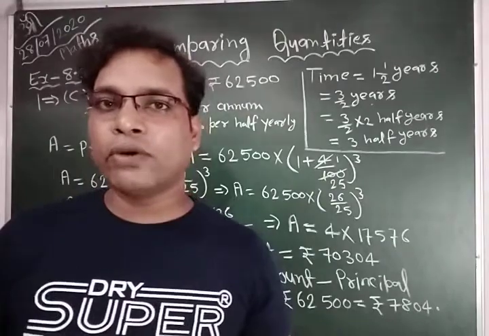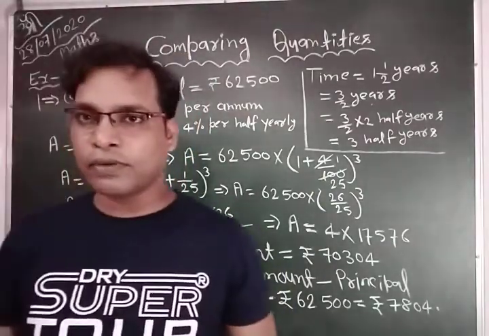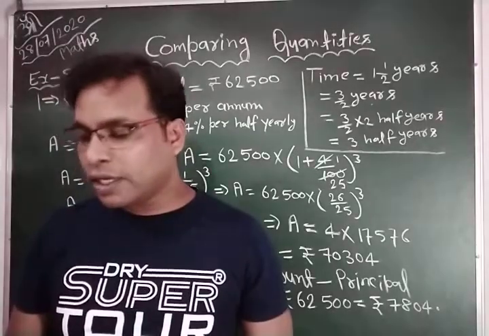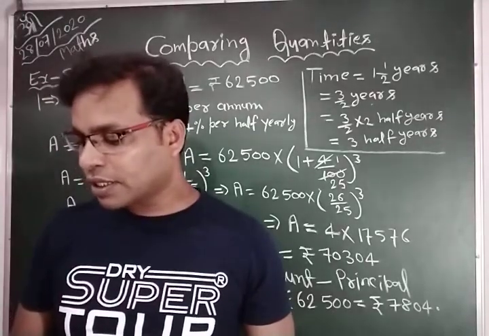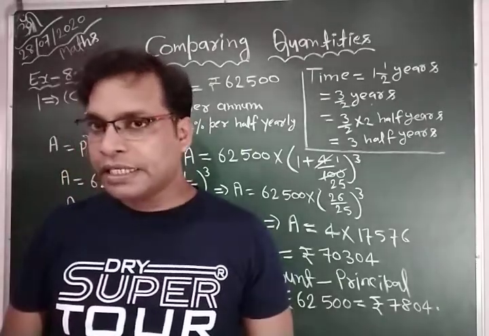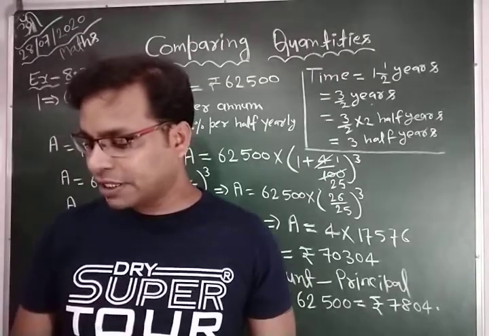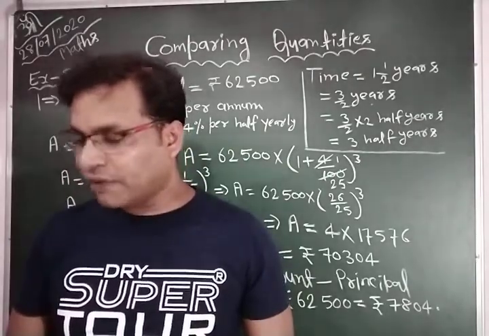Now we are going to discuss part D of this question 1. Here also we calculate the amount and the compound interest. Principal is 8,000, time is 1 year and rate is 9% per annum, compounded half yearly.